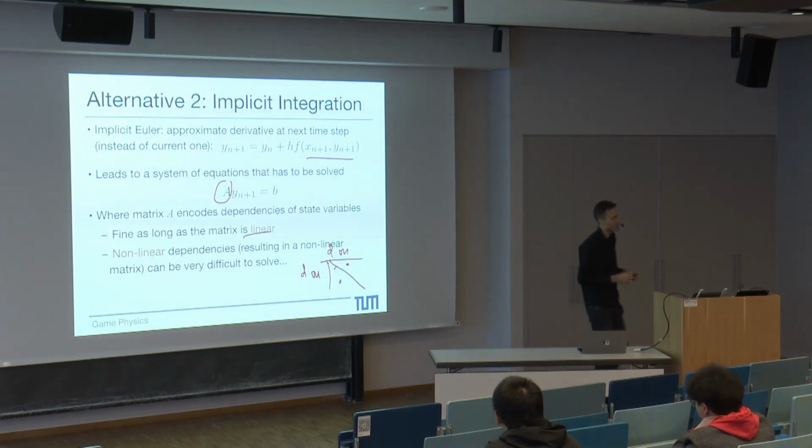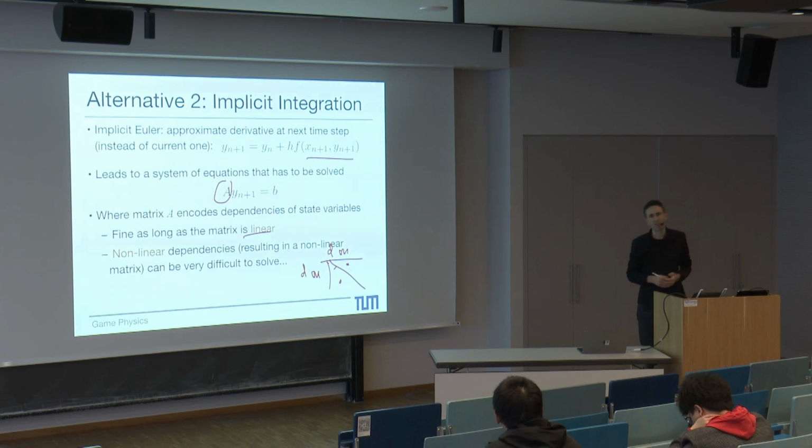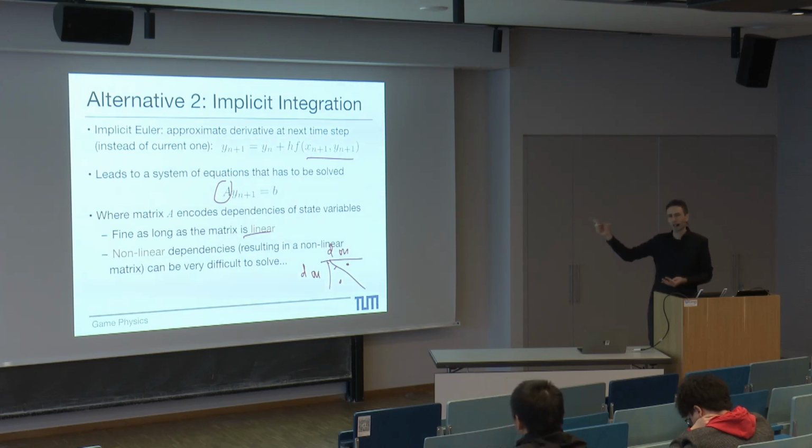But usually it's not such a good viewpoint to consider it that way, because you really only need it if it's implicit, if you need to invert the matrix. So bringing this A to the other side, that's in a way the important step for implicit methods, which is non-trivial. Quite some work, and this you don't need for the explicit methods.